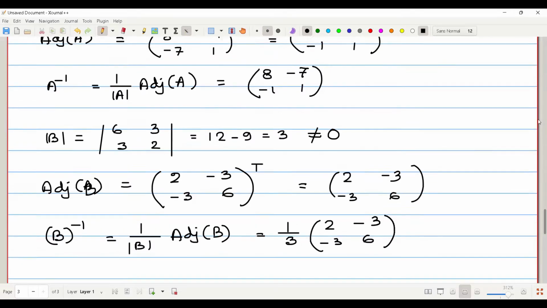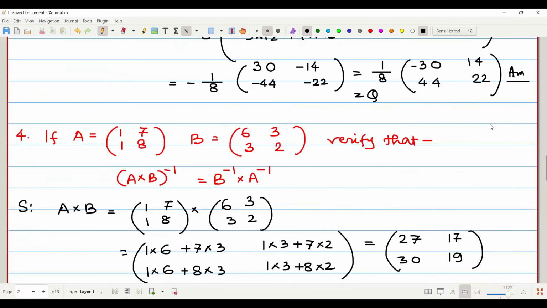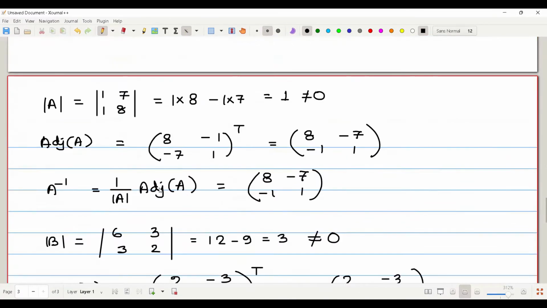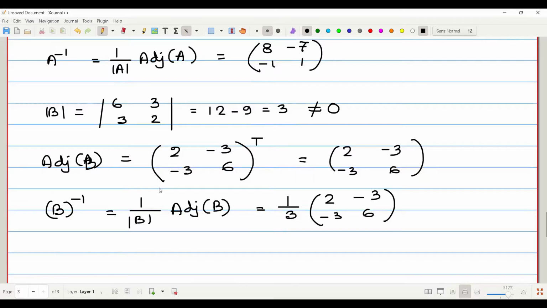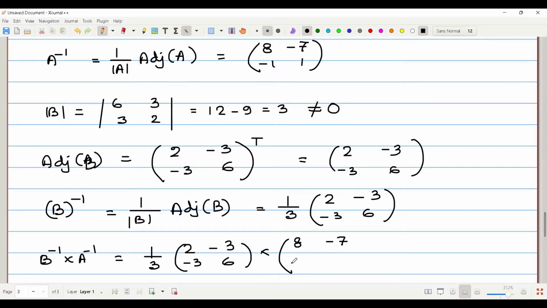Now we have to verify that B inverse into A inverse is equal to AB inverse. So we are writing B inverse into A inverse, that is 1 by 3 of 2 minus 3 minus 3, 6 into the A inverse, that is 8 minus 7 minus 1 and 1.